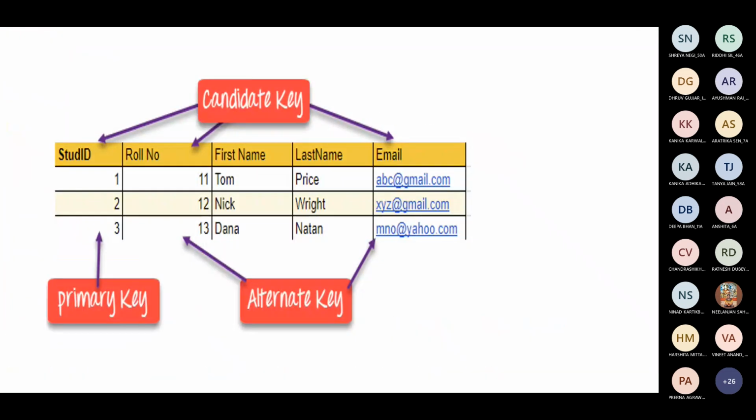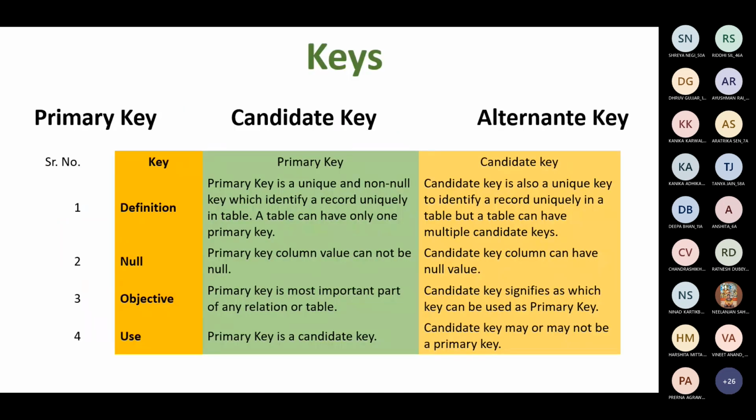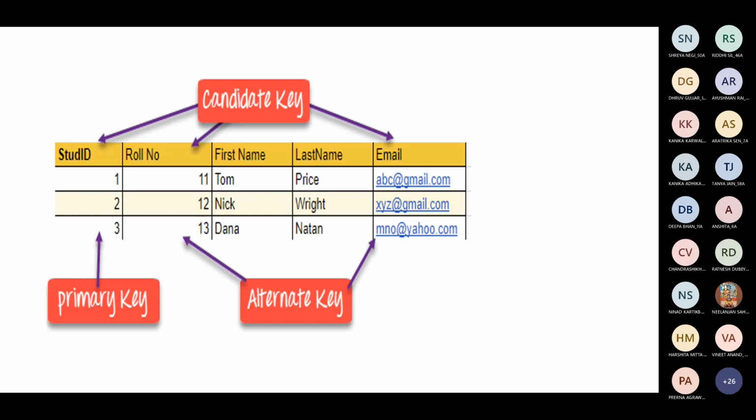So these are called alternate keys. Then what is the difference between alternate key and your primary key? Alternate key, always remember the literal meaning of alternate. Alternatively, you can use that. That is why it is called alternate key.